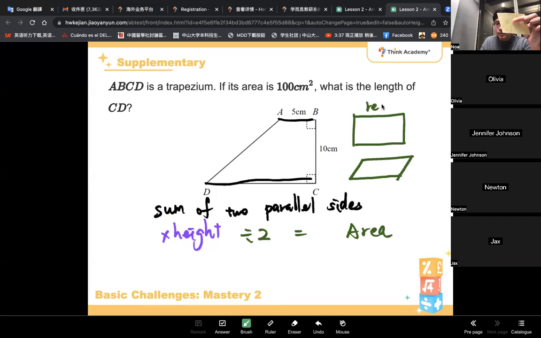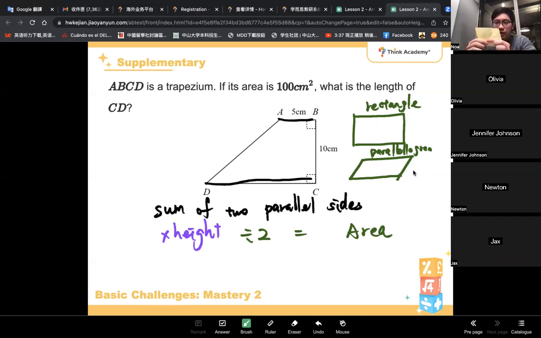You times 2 the shape. I haven't finished yet. It's just the middle of the process.